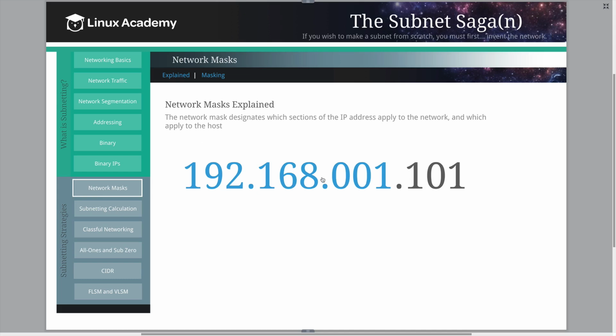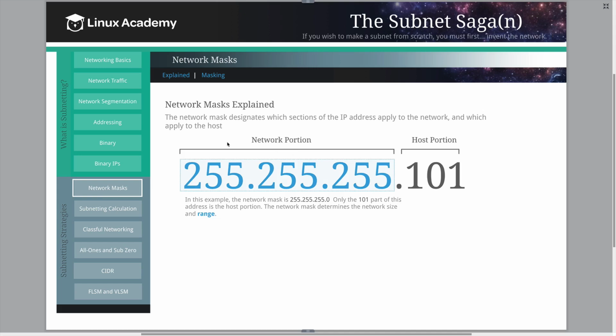So here we have 192.168.1.101, and if we look at an example network mask, we have 255.255.255.0, in which case the 255.255.255 is going to represent the network portion, and the 0 is going to represent the host's portion.